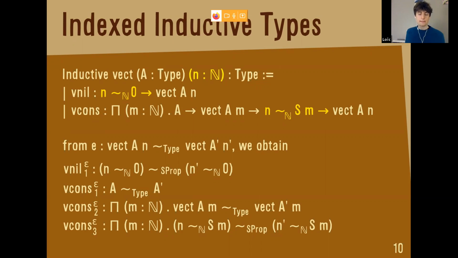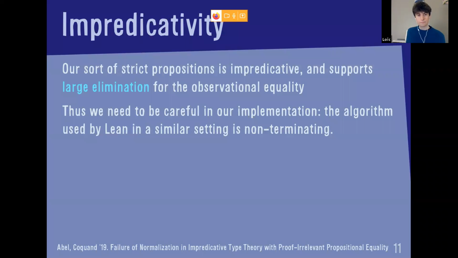So here you can see that in particular it entails that A is observationally equal to A', and also that n is observationally equal to n', even though this is not immediate and we have to do a proof by induction from Vnil epsilon 1 and Vcons epsilon 3. And with all of this, we have a definition that handles all inductive types properly.